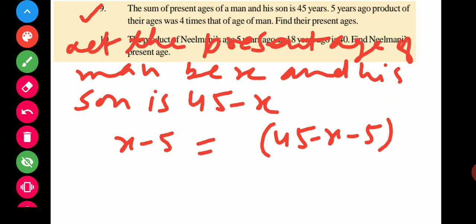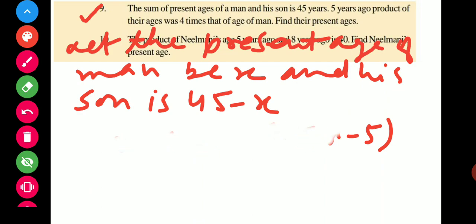And what will happen? The product is given. That is the 5 years ago product of their ages.